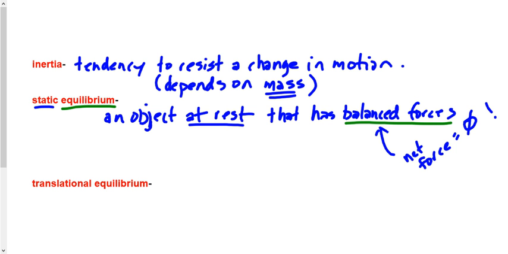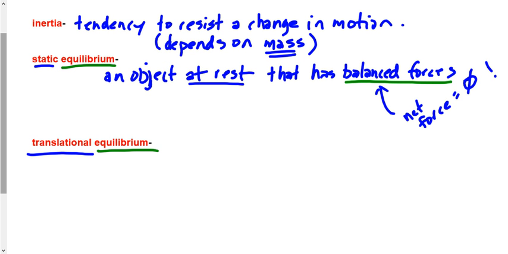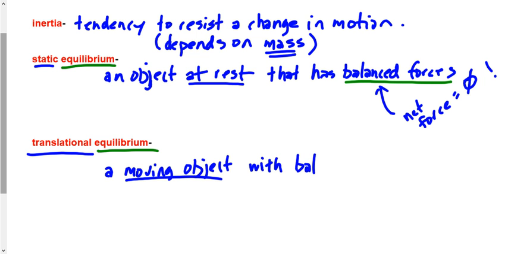Translational equilibrium, well, equilibrium again, balanced forces. Translational means moving. So this one we'd say a moving object with balanced forces.